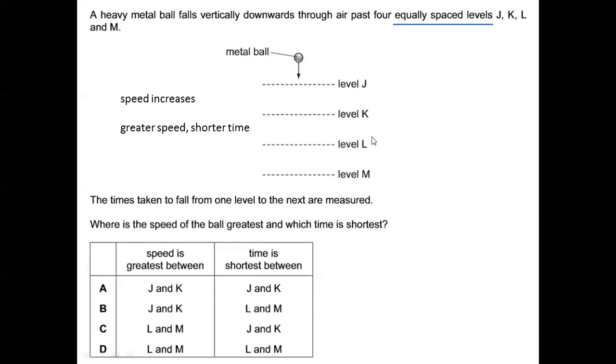So that means that will be between L and M. Greatest speed will be around this level. And again, the greater the speed is, the shorter the time, which means the shortest time measured will be also between these levels. So the answer will be letter D, between levels L and M.